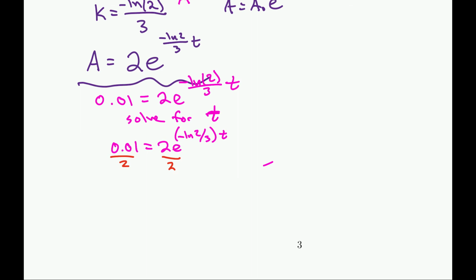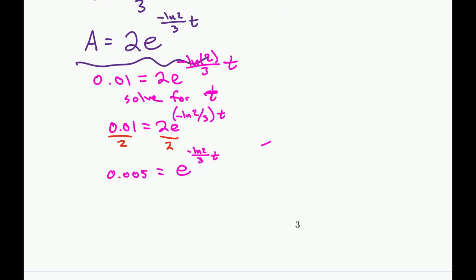So we're going to get 0.01 over 2, which is 0.005, I think, equals e to the negative ln2 over 3t.